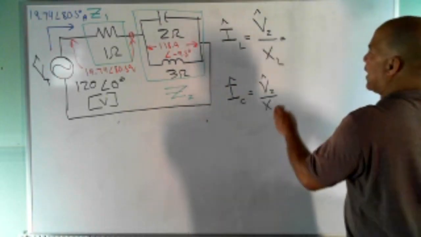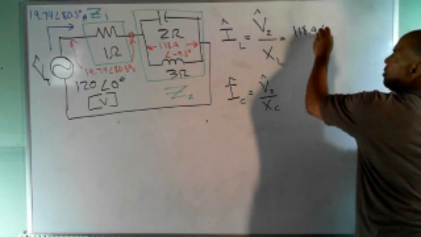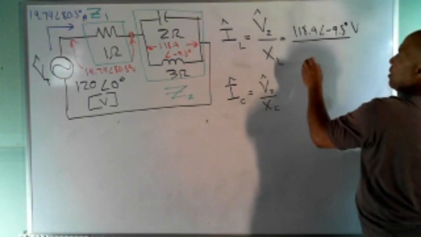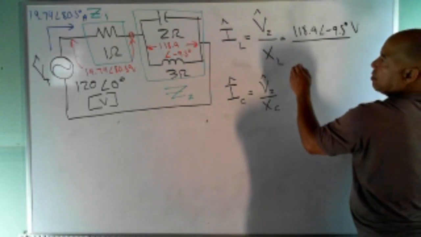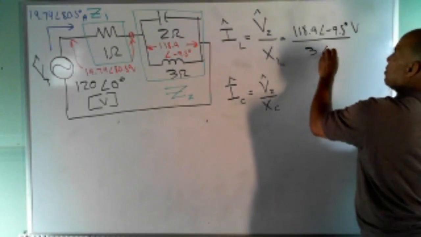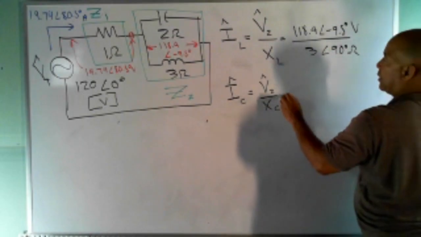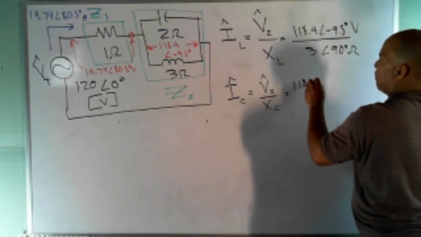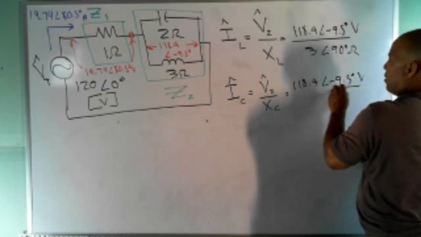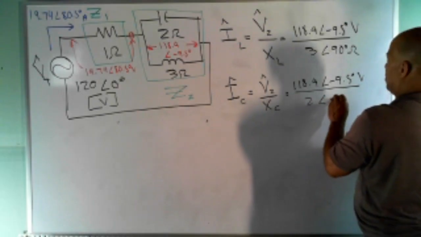So I got 118.4 angle over, this is the L, so that's 3 angle 90. And then this one is 118.4 angle minus 9.5 over 2 angle minus 90.